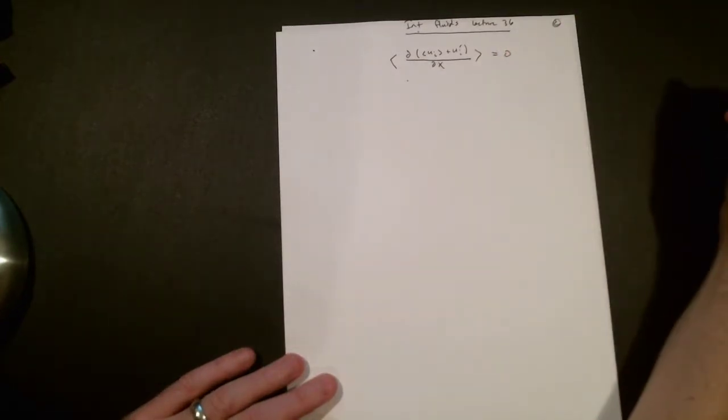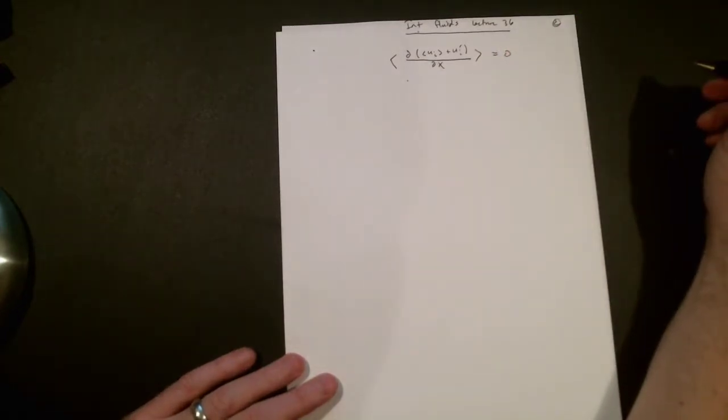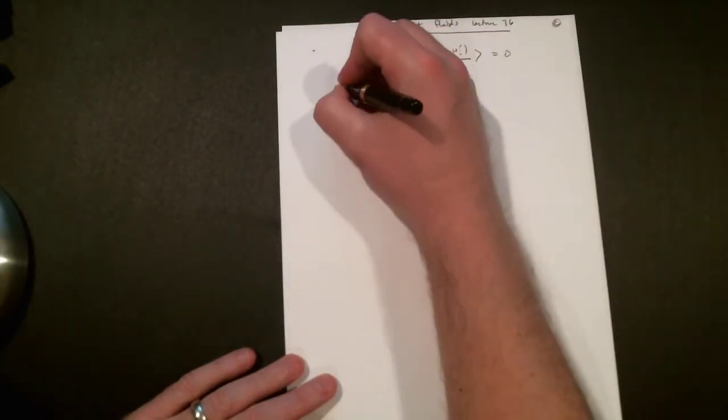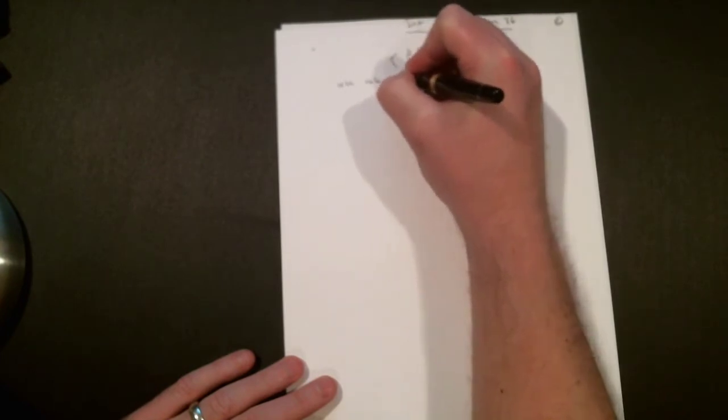And now we can use some of our rules. So first, we're going to use Rule 3, which said that we can move our derivative in and out of this average.